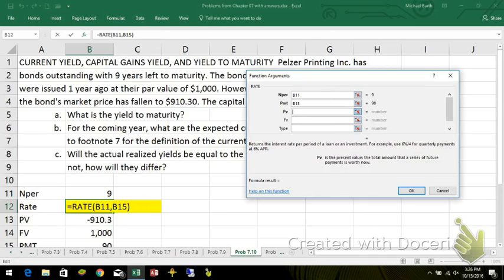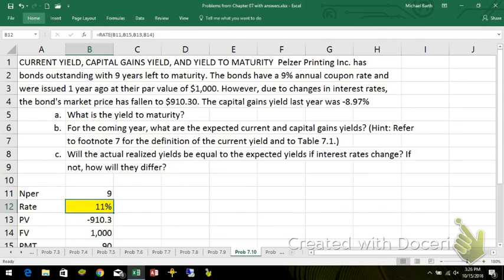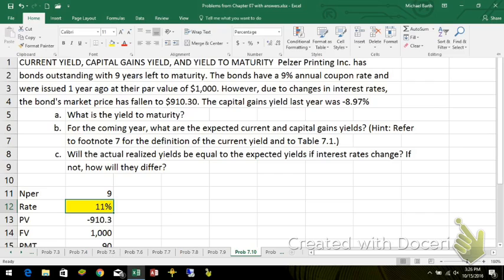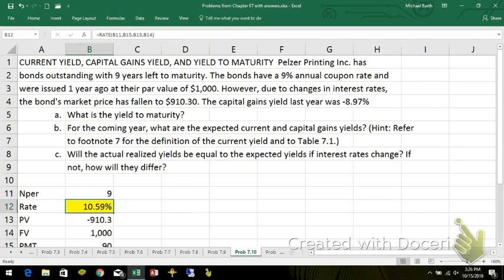They sell for $910, and then they're going to return the principal at the end of the period. So the current yield to maturity on the bond is 10.59%.